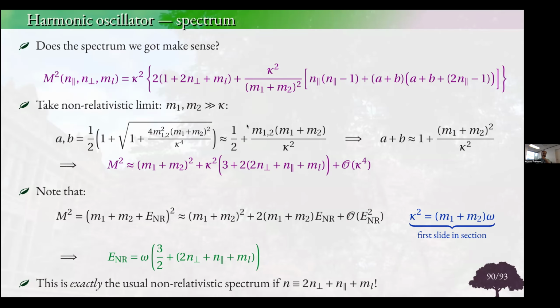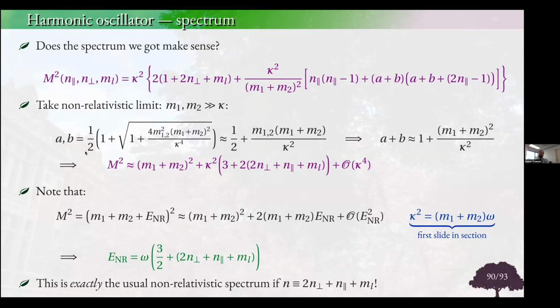So we can write A and B as 1/2 plus the square root of this other quantity. We multiply out the 1/2, so we get a 1/2 plus either of the masses times the sum of the masses divided by kappa squared. And it turns out that only the sum of A and B appears in this equation. So when you take the sum, it's 1 plus the square of the sum of the masses divided by kappa squared.